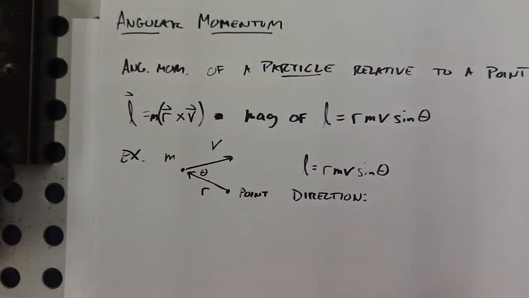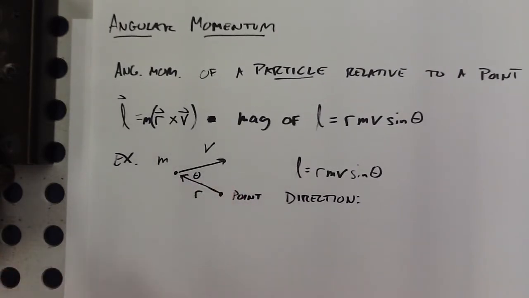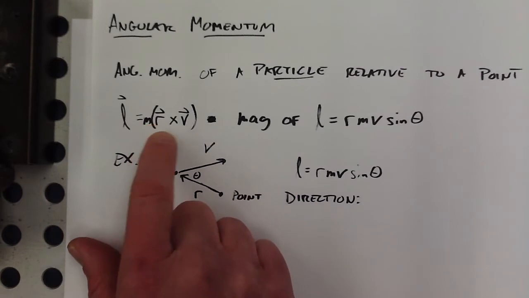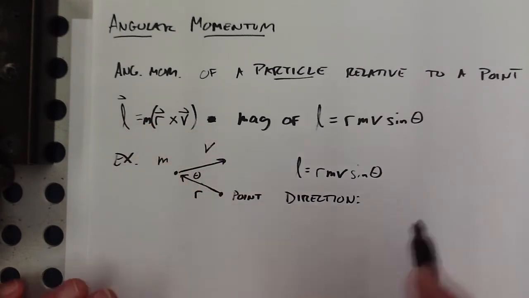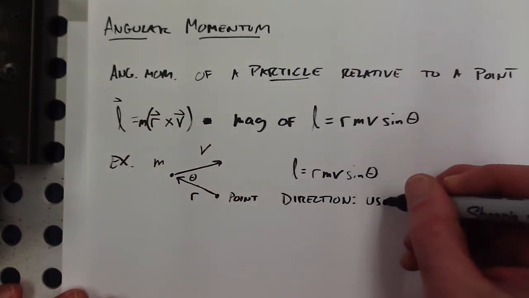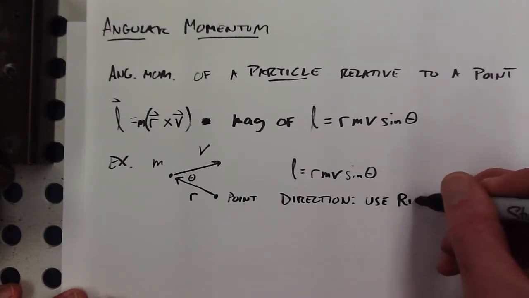So how do you figure out which it is, and then how do we even think about that? Well, you think about it like this. The direction of r cross v, we use a version of what is called the right-hand rule.